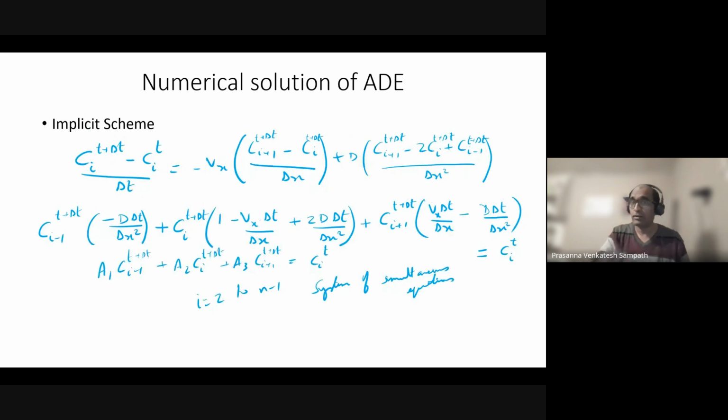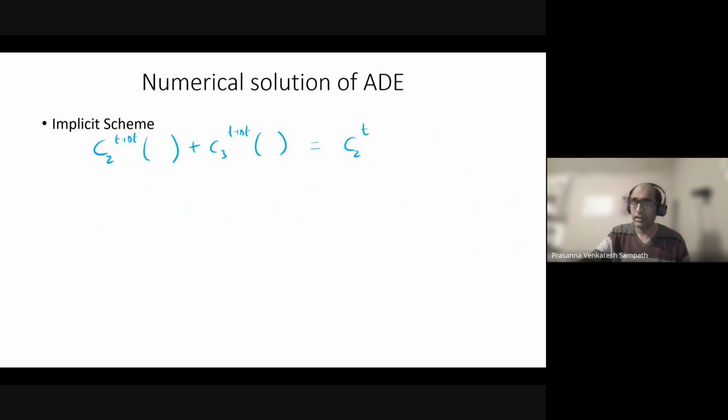Remember, just go back to the previous Ci at t, which is C2 at t. And then there should have been a C1 here, at t plus delta t. Remember, for i equal to 2, you will have i minus 1, i, and i plus 1 terms.